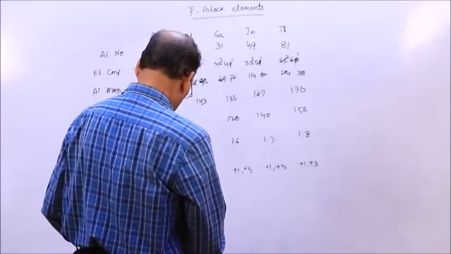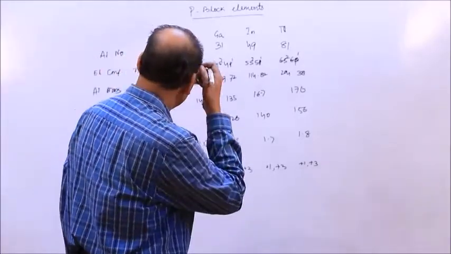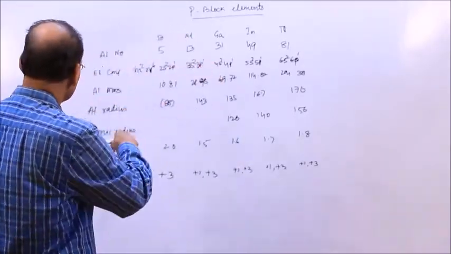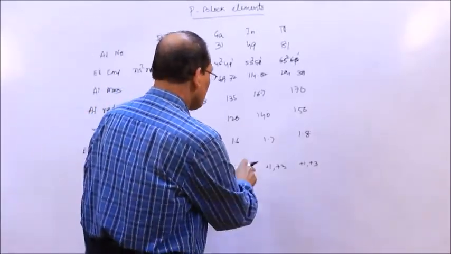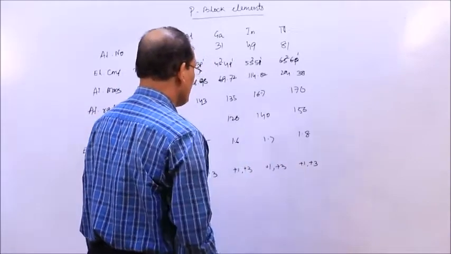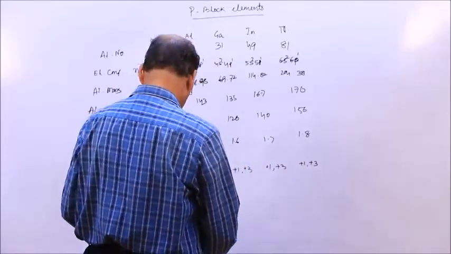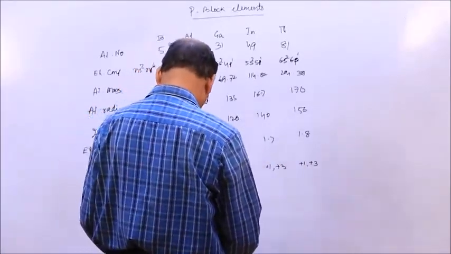So, as we will discuss all these things: the ionic radius, electronegativity, oxidation states. Further, in the case of oxidation state, we will obtain the negative oxidation states also.